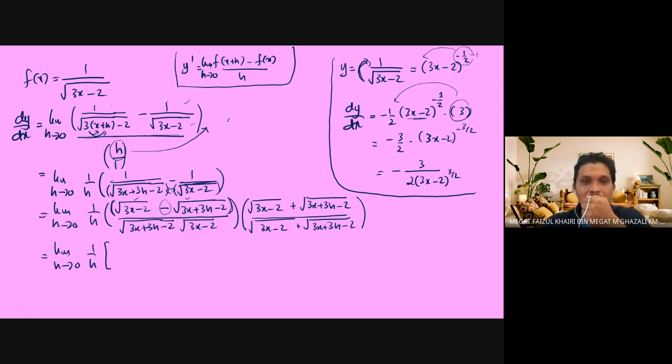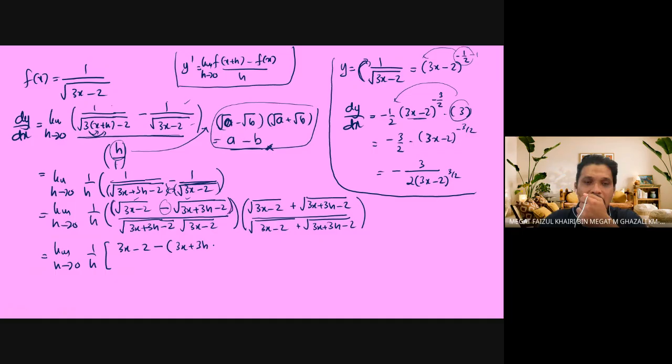Conjugate, again: square root of a minus square root of b and square root of a plus square root of b equals square root of a times square root of a. This one is cancelling each other, and minus b. This one here, so then I'm straightly using this approach. Okay, this method here: 3x minus 2 and then minus 3x plus 3h minus 2, and everything divided by, okay, look at the first one here now.